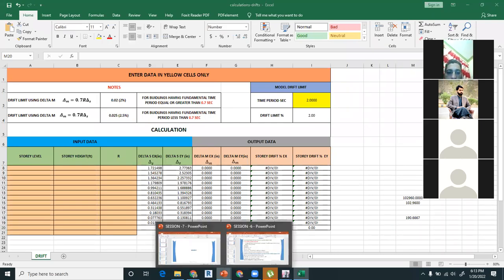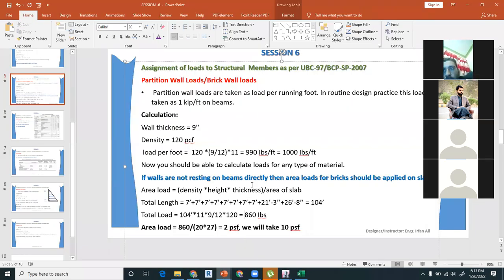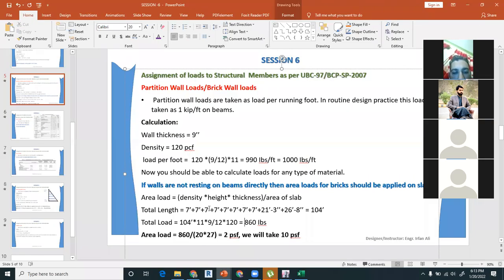So we are talking about the calculation for this brick wall, that we do not want to add these loads on the beams because they are resting on the beams. So this was the total length. This was 104 feet. So we have to multiply this 104. This is the length, this is the height, and this is the thickness. So we have to multiply this with 120 pound.